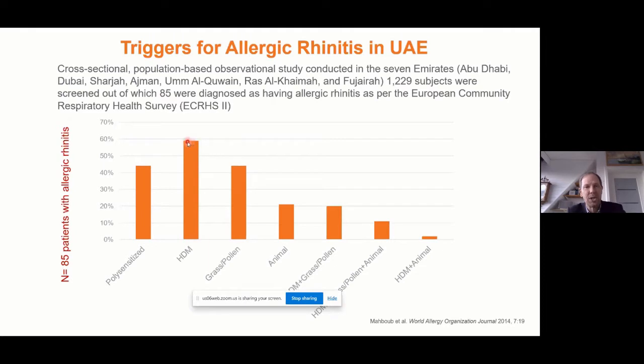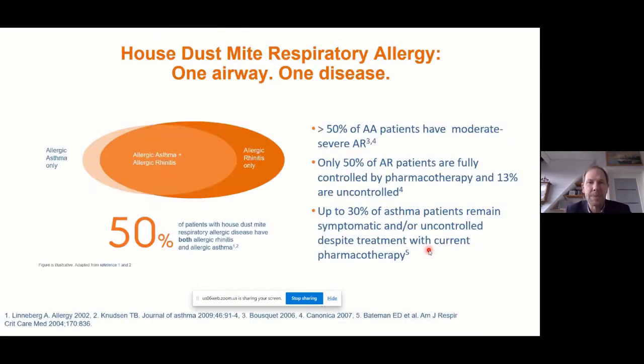Close to 60% of the patients are diagnosed with house dust mite allergy. Also in the polysensitized patients, you can see house dust mite plus grass pollen, house dust mite plus pollen plus animal, house dust mite plus animal. House dust mite plays really the major role for allergic rhinitis in the Emirates.